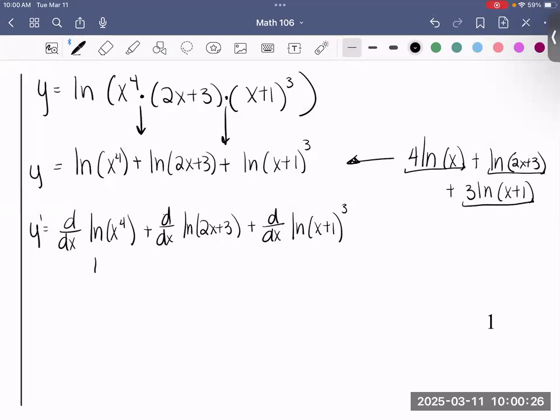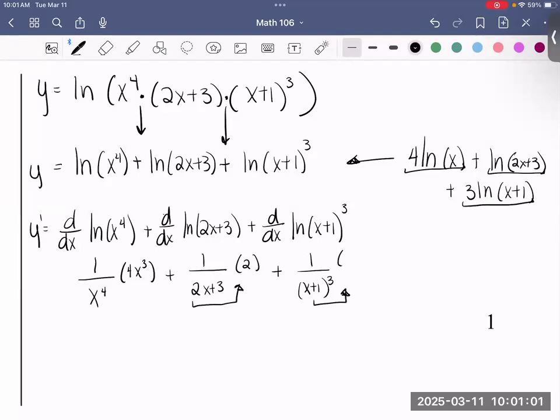So here we have 1 over x to the 4th, and chain rule, right, we have 4x cubed here, plus 1 over 2x plus 3, chain rule of just 2, plus 1 over x plus 1 cubed.